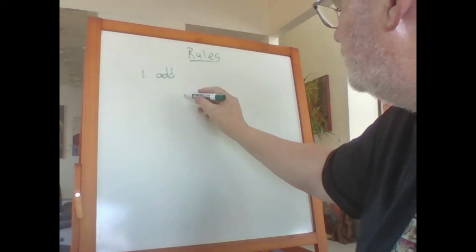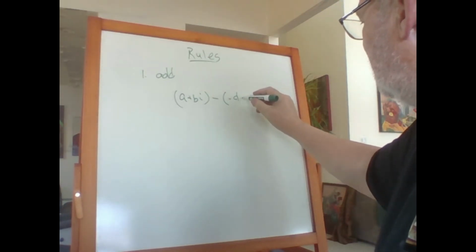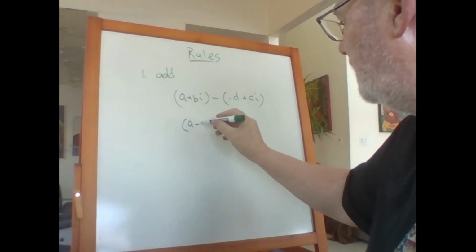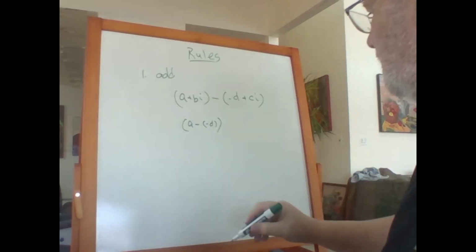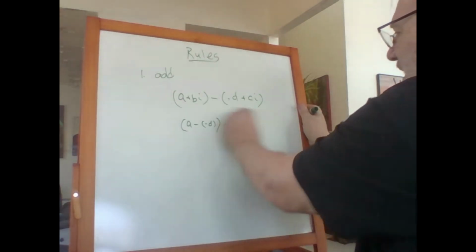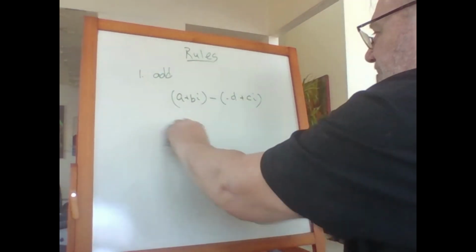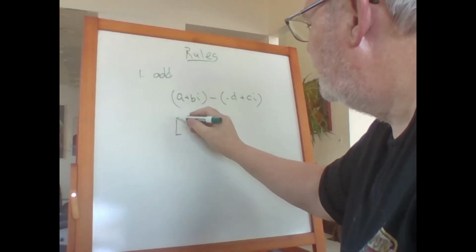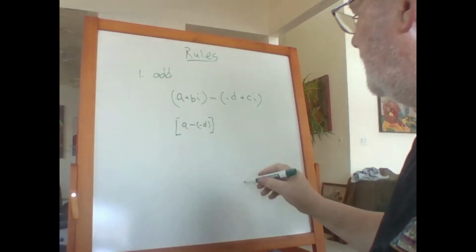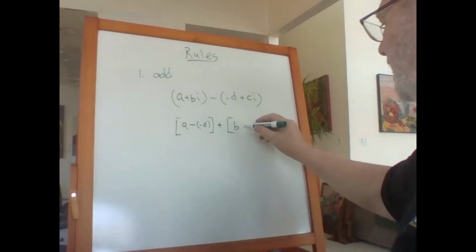For example, what if we had a subtraction of a plus bi minus d plus ci? Let's be careful about this. Here we have a minus d, and we have to add that, and we have b minus c.